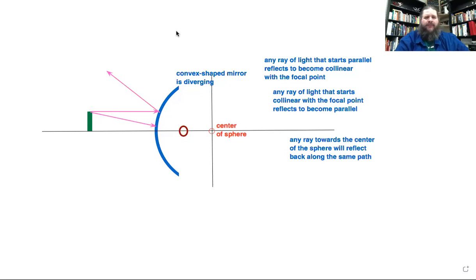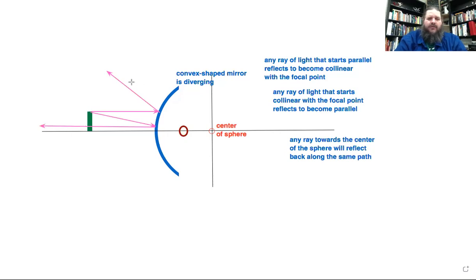So it's going to bounce off to become what? Parallel. Yeah. If the ray of light starts off collinear with the focal point, then it bounces off to become parallel to the optical axis.